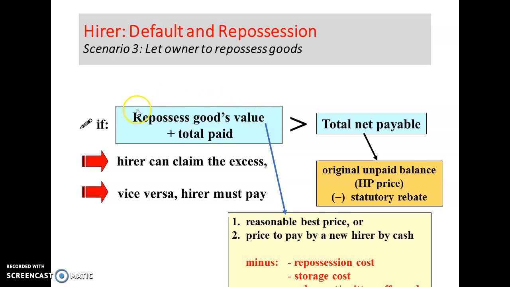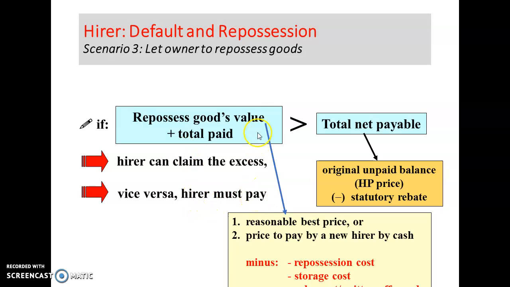If you find that the value of what the hirer lets go plus the amount paid is more than what he owed the owner, then the hirer can claim the excess, meaning the owner has to pay back the difference. But if the goods value plus all the amount paid is less than the amount the hirer owes the owner, then the hirer needs to pay the excess.